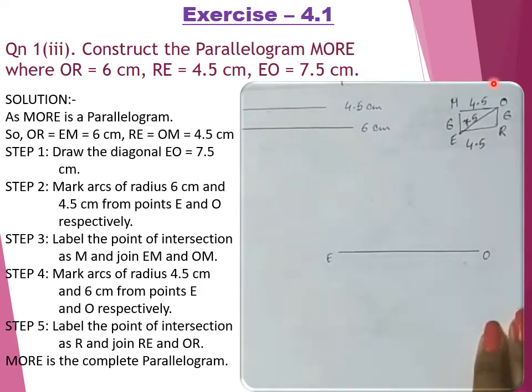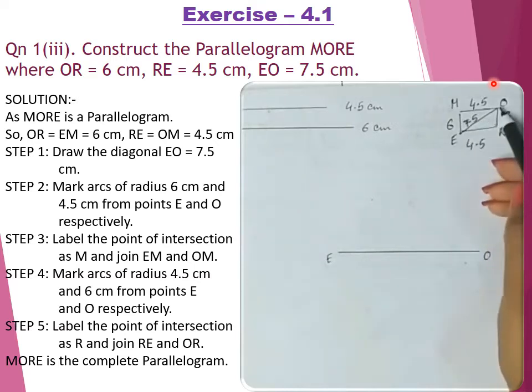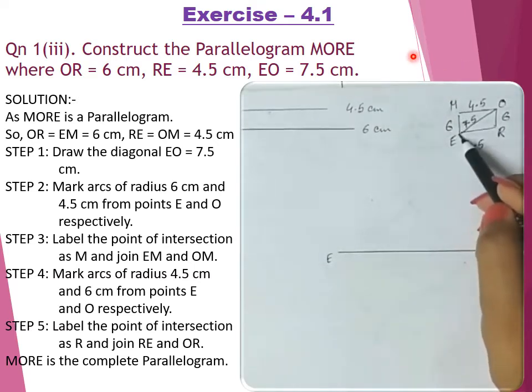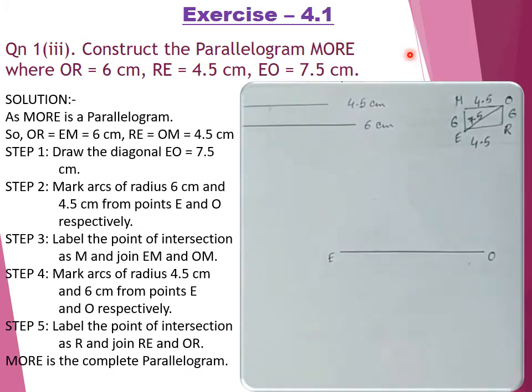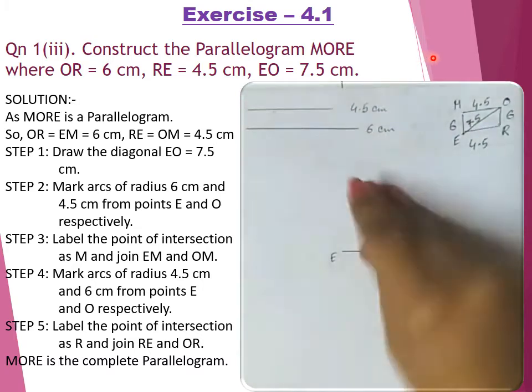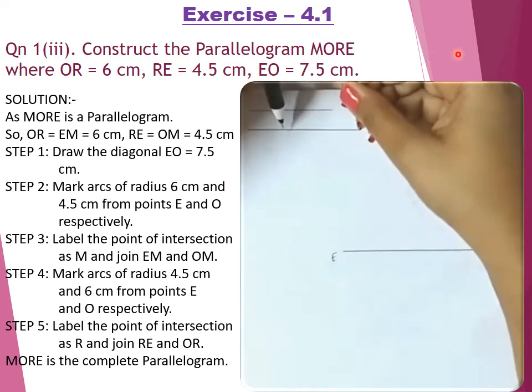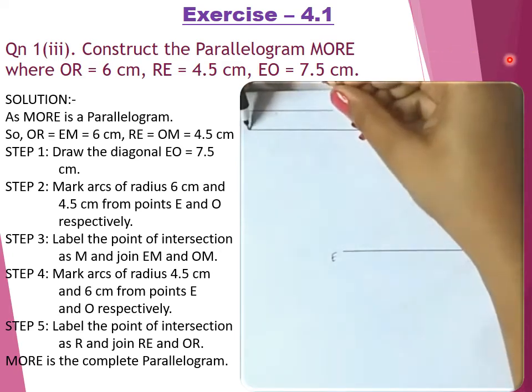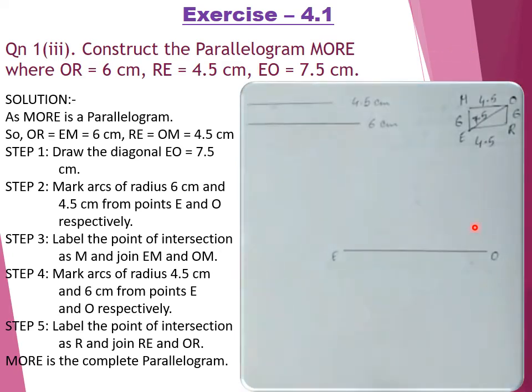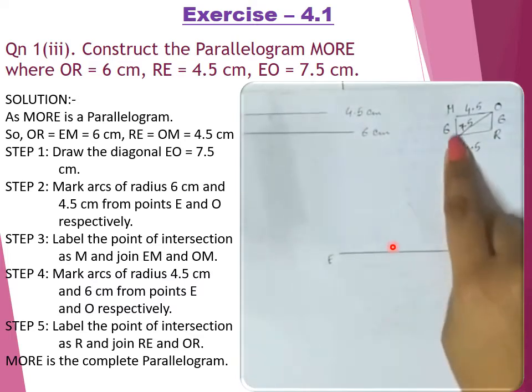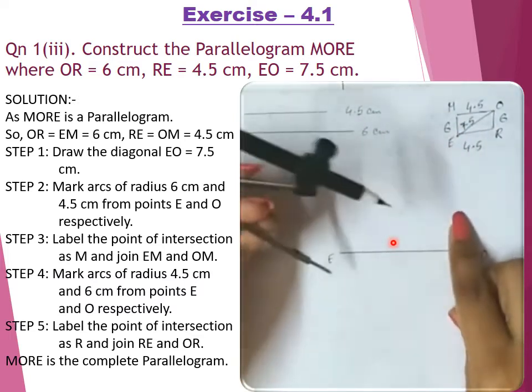Now we will also construct these two sides, ME and OM. ME being 6 cm in length, we will take an arc radius of 6 cm and draw it from point E, because EM is 6 cm.